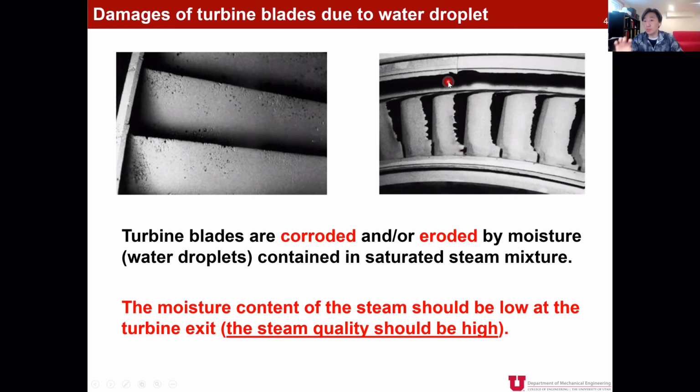And remember, those blades are expensive, so the maintenance fee would be huge if you have that kind of problem. So for designing the Rankine cycle, we have to decrease the moisture content of steam at the turbine exit as much as we can. Or in other words, the steam quality at the exit of a turbine should be high.